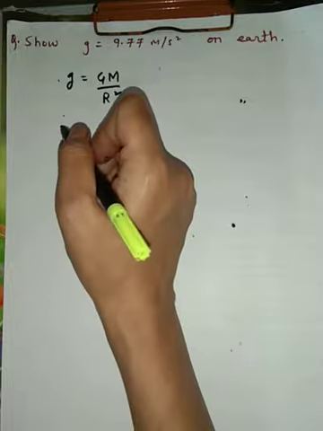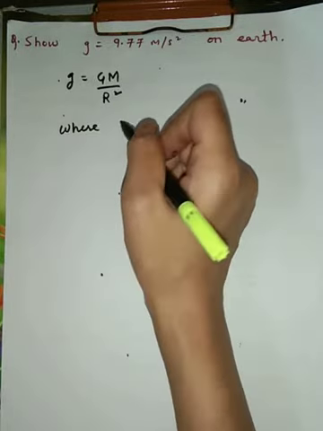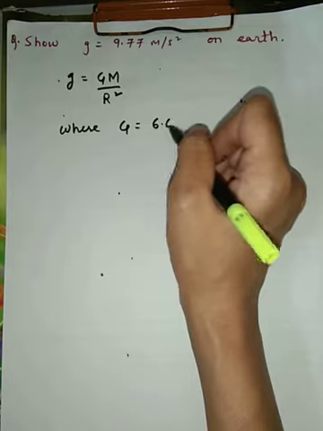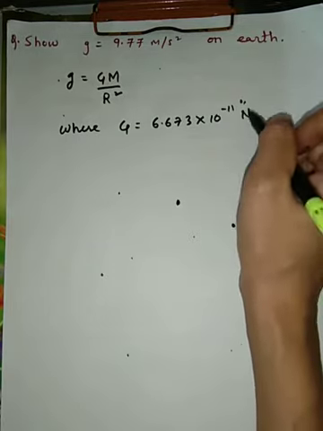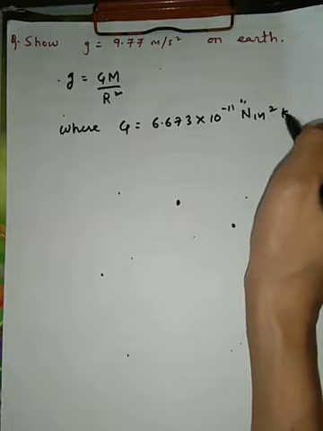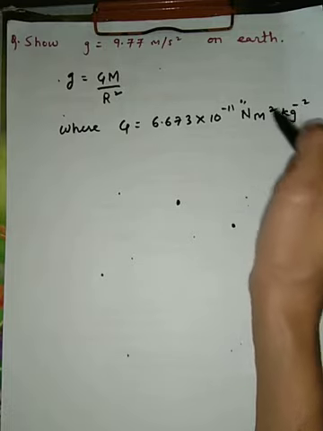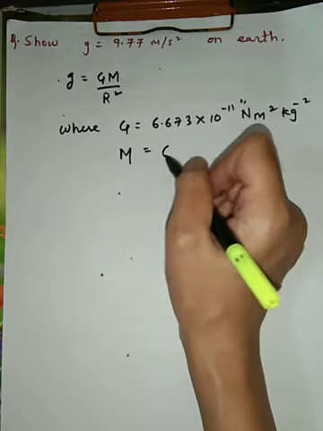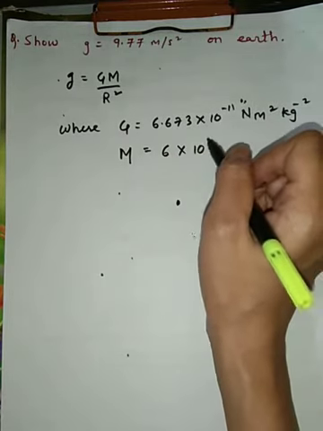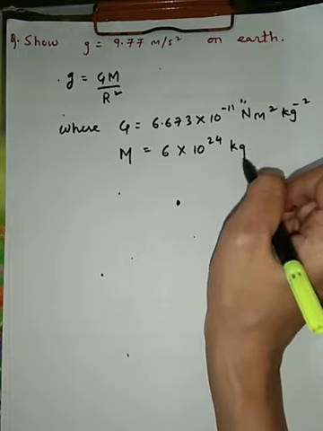Then go on mentioning where capital G is 6.673 into 10 raised to minus 11 Newton meter square per kg square, right? Then what was the capital M? It was the mass of the earth, and this is 6 into 10 raised to 24 kg.